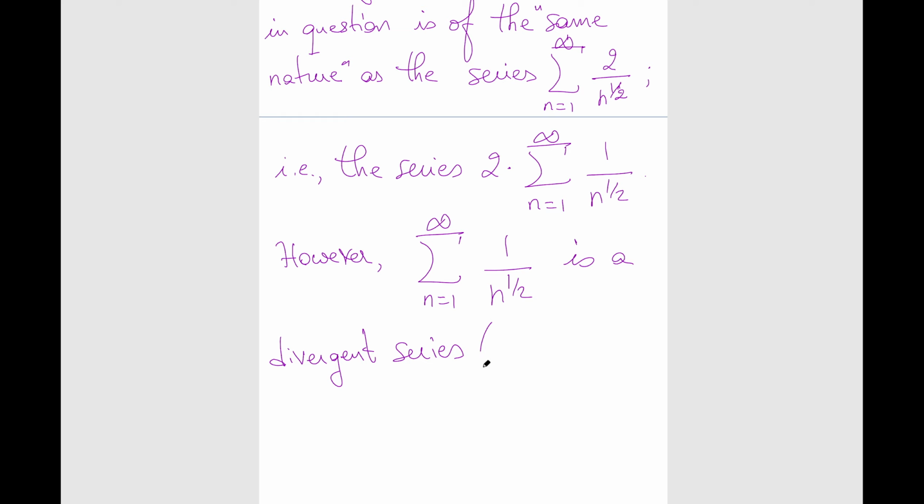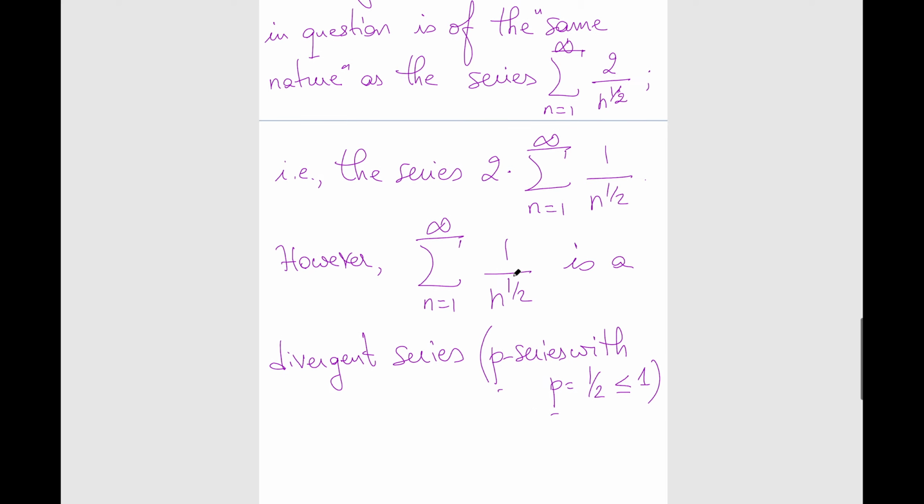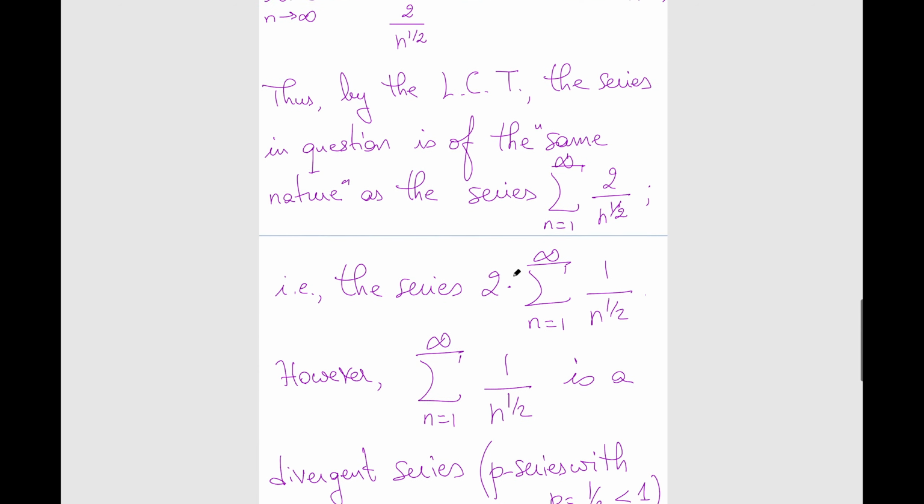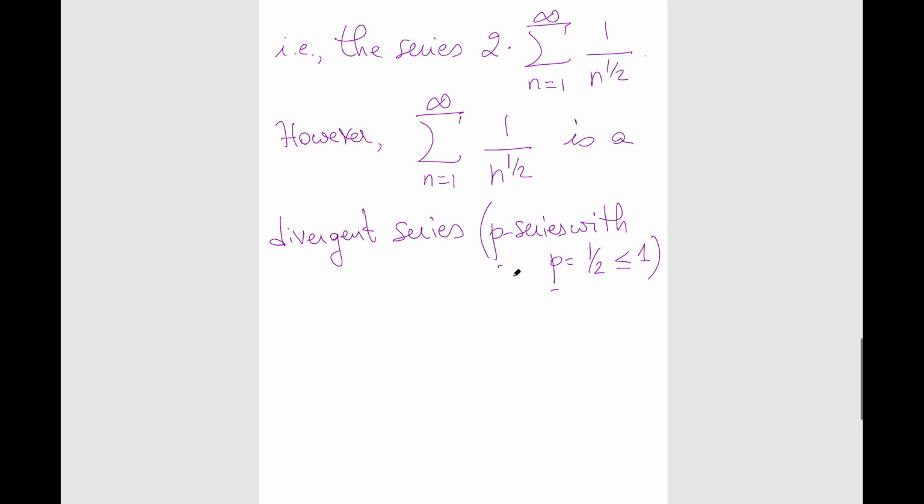Correct? This is a p series, to be precise, with p less than or equal to 1. Okay. So what can we say at the end of the day? The given series, the series in question, is divergent.